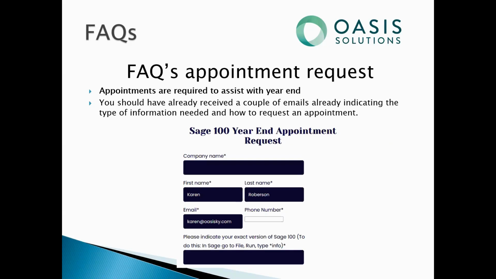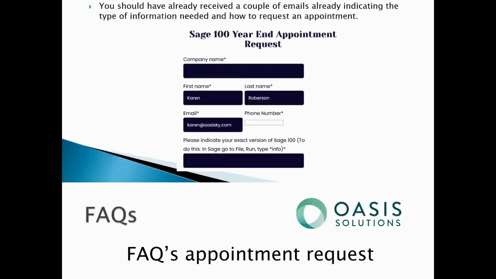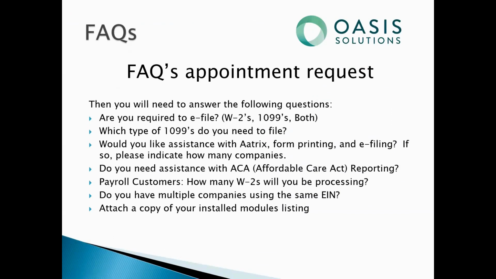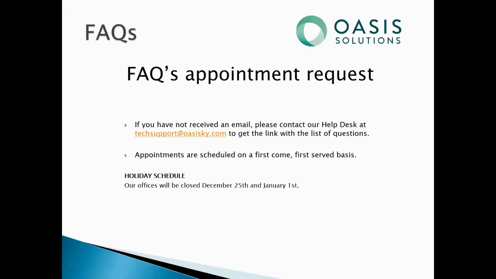And then there's the reminder of how to get that version. And then we ask some different questions just so we know before we call you how much time we might expect to need to schedule with you. So again, all that's on the emailer.